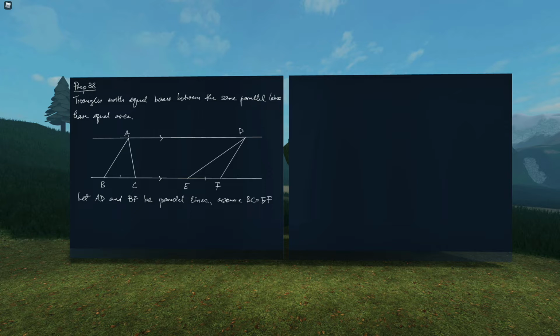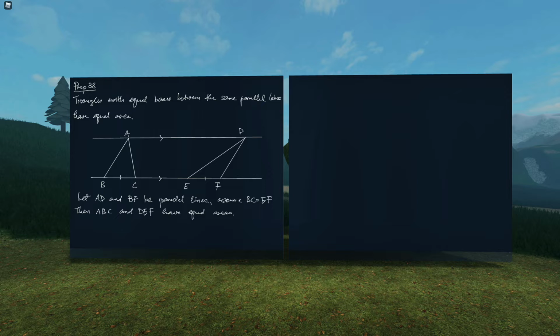So these two are meant to be equal. Then the conclusion, or the claim, is that ABC and DEF have equal areas.